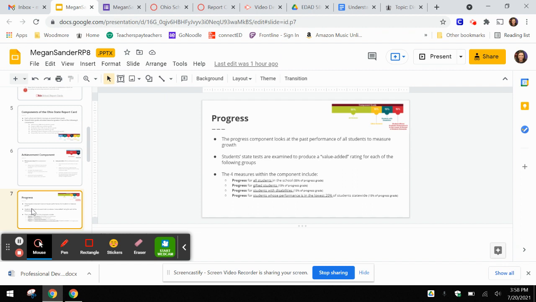But then the state breaks it down a little bit more into 3 other subcategories, and those categories are gifted students. So we're looking at the progress of gifted students, which accounts for 15% of the overall progress grade. Next is students with disabilities, which is also 15% of the progress grade.